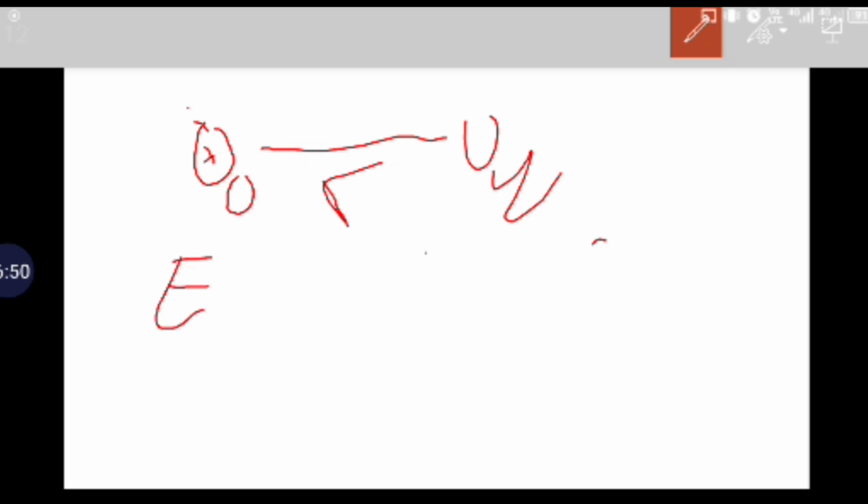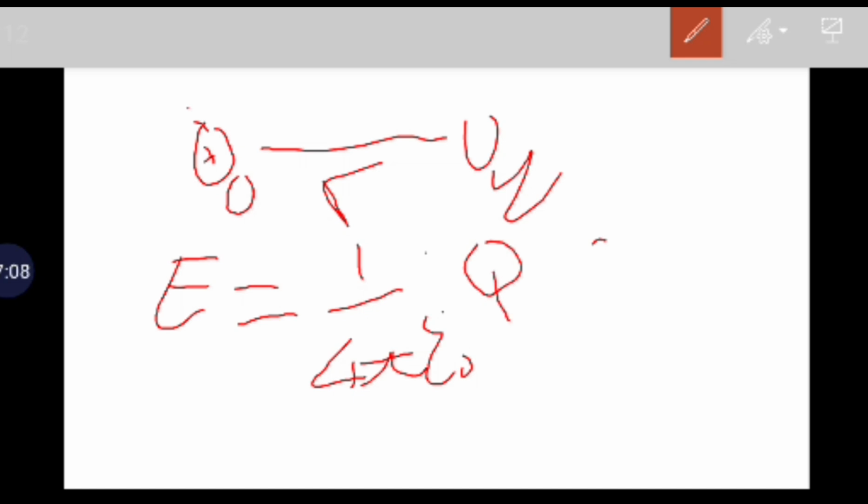Since electric field is force over q, and the force is equal to 1 over 4 pi epsilon naught, this symbol being the permittivity of space, times Q q over r squared. Now, the formula of force had two charges. There was the small q here. Where has it gone? So let me explain it properly.